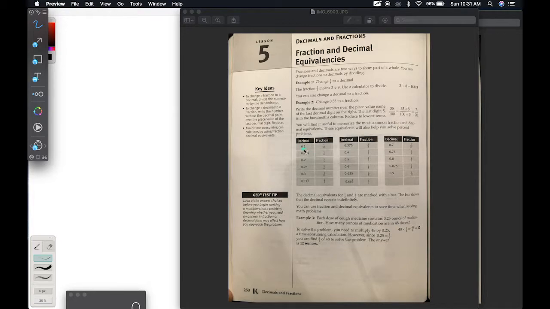So for example, 0.1 in decimal is equivalent to 1/10 in fractions, okay? And 0.2 is equivalent to 1/5 in fractions, etc., etc. So knowing this will help you tremendously to go a lot faster. Okay, now that that's said and done, I will go to the next page.